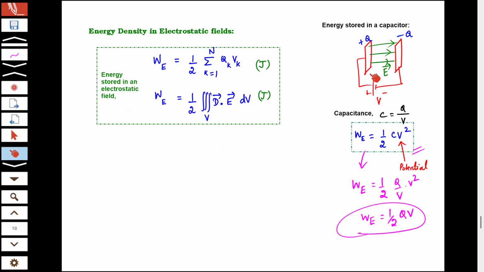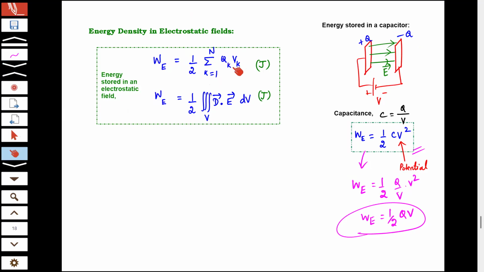Now if there are n number of charges present, this electrostatic energy storage can be written as the summation of Q_k V_k, where k takes the value from 1 to n. So this is the overall summation in terms of charge and potential.